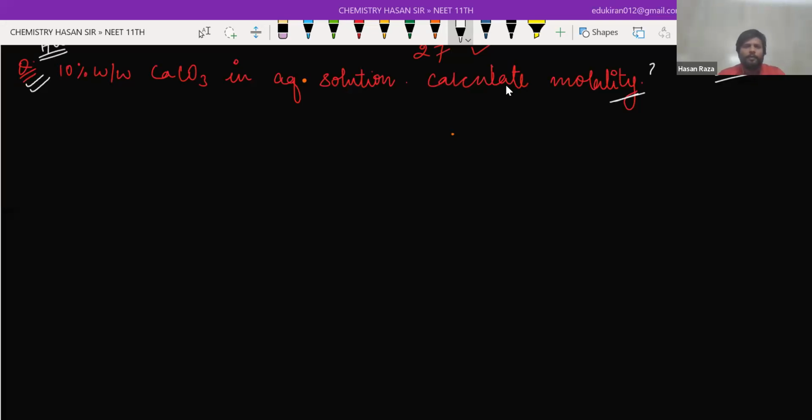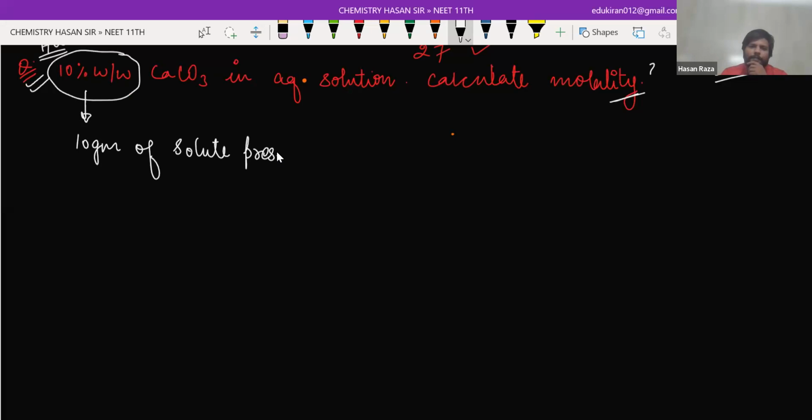Okay, I'm going to solve it. See, 10% weight by weight means what? This simply means 10 gram of solute present in 100 gram of solution, since it is percent.